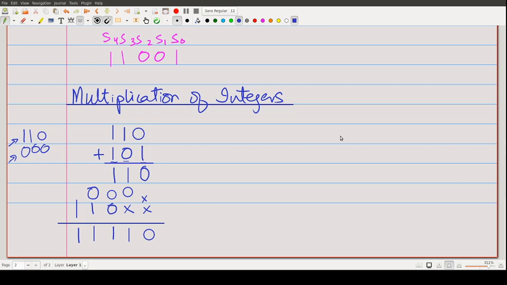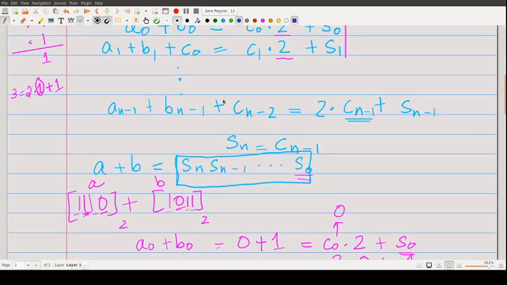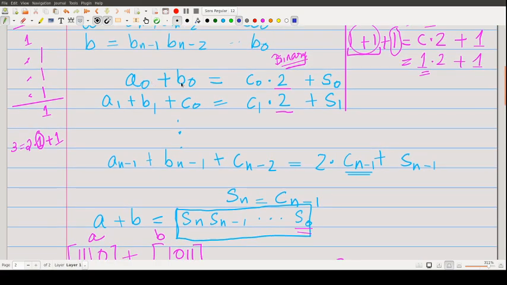Yes. Sumaya, Sn equals to C is outside the loop, definitely. Why are we subtracting from 2 times d? We are subtracting from 2 times d because notice that at every stage your a naught plus b naught is equals to 2 times c naught plus s naught. So to find s naught, you will have to do a naught plus b naught minus 2 times c naught.